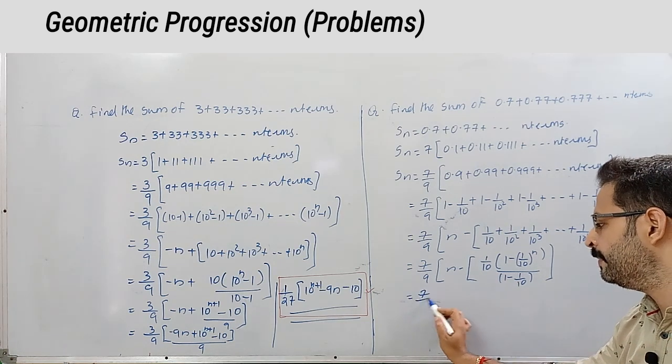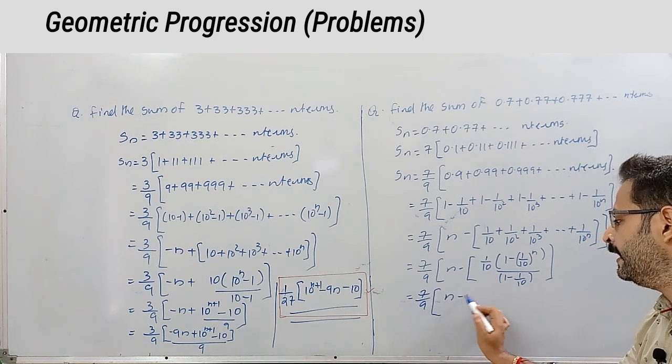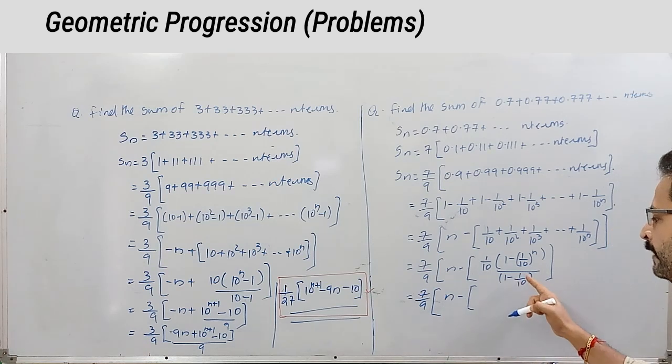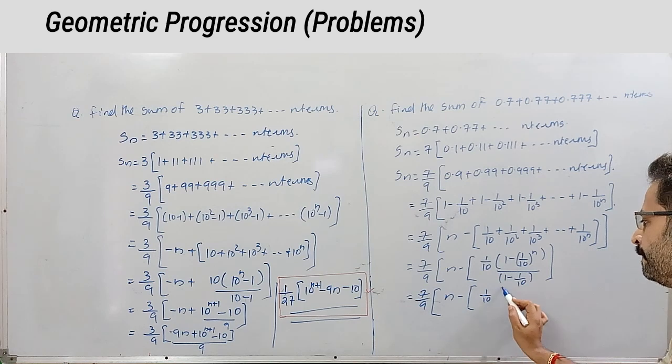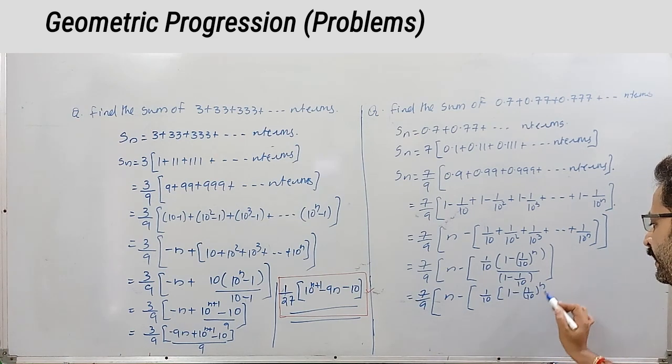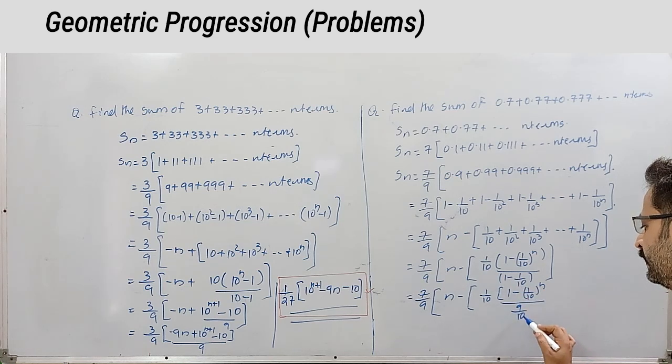Now 7 by 9 n minus of, then 1 minus 1 by 10 is 10 minus 1, 9 by 10, and 1 by 10 into 1 minus 1 by 10 raised to n. This can be written with 9 by 10, and the 10 gets cancelled.